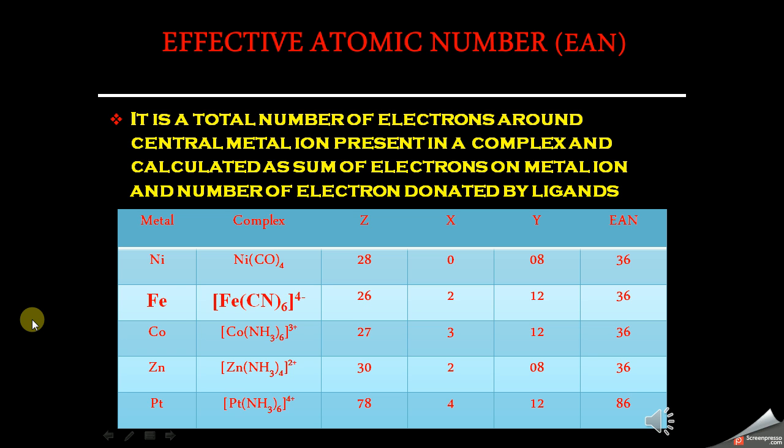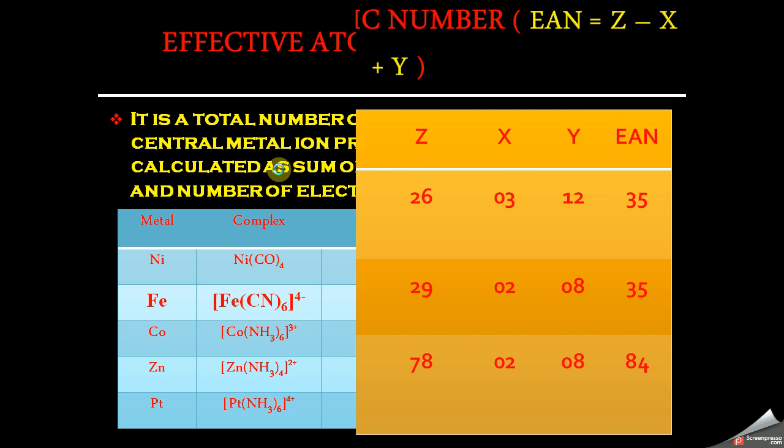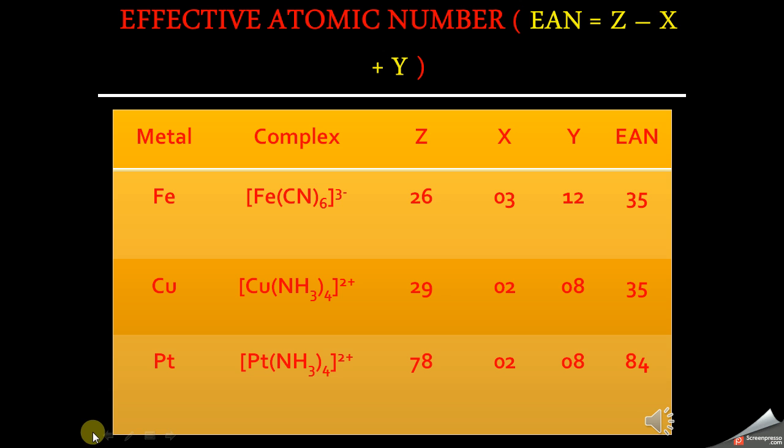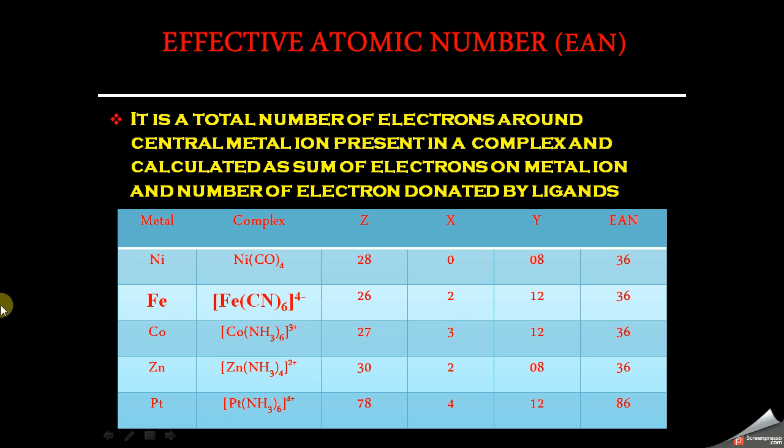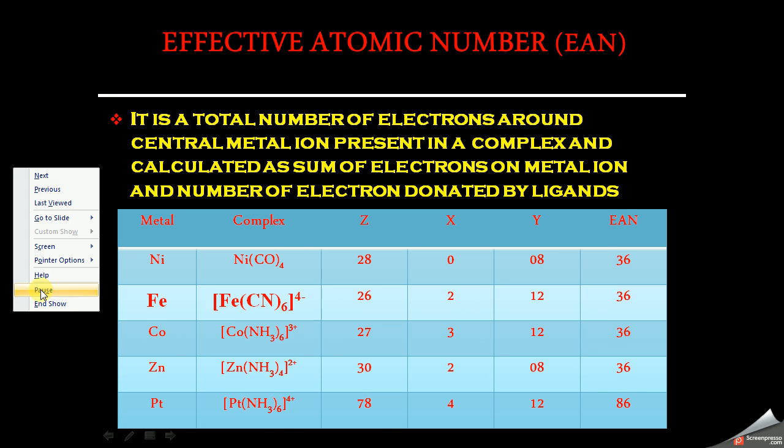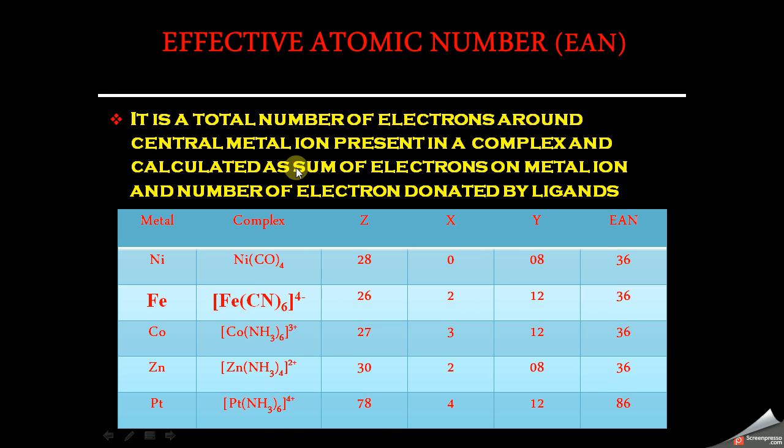So what is the effective atomic number? It is shortly denoted by EAN. It is the total number of electrons around the central metal ion present in a complex, and is calculated as the sum of electrons on the metal ion and the number of electrons donated by the ligands.